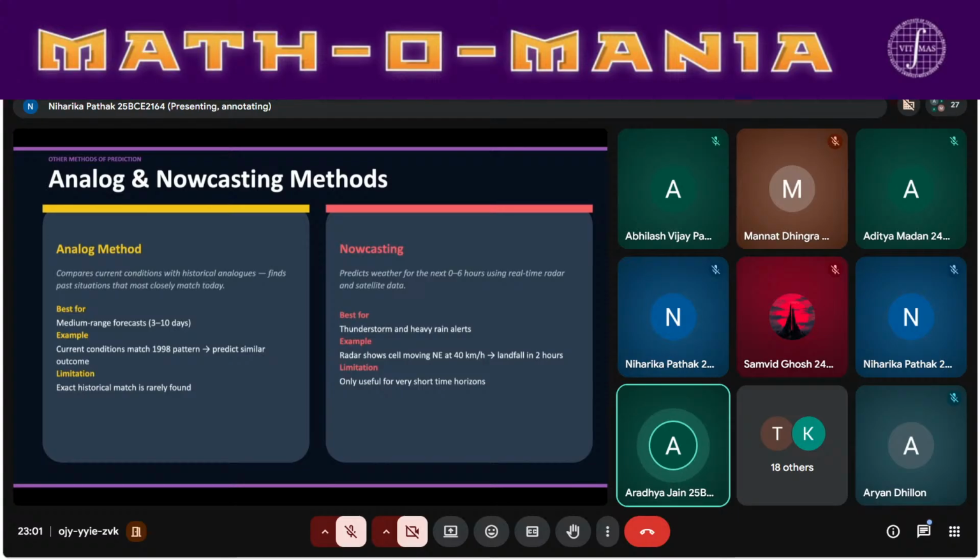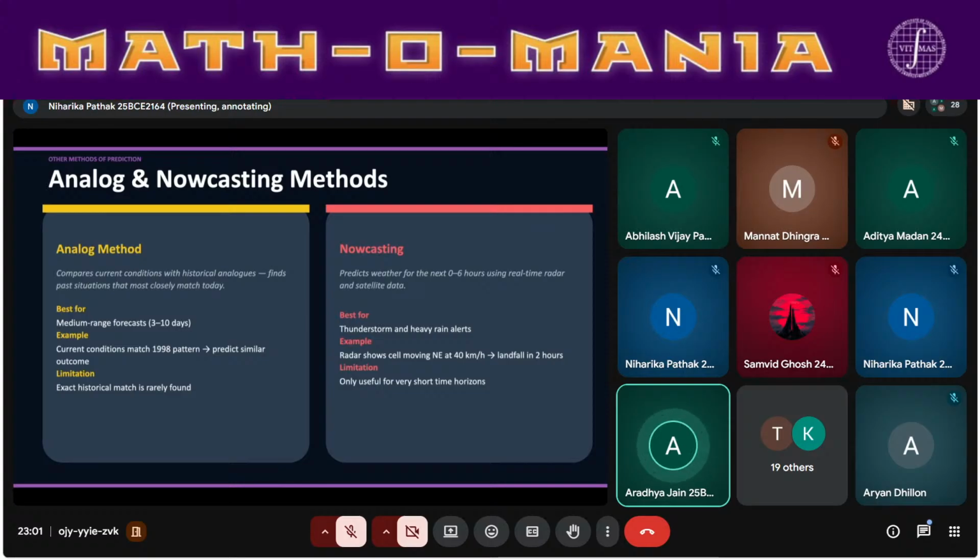Now there is the nowcasting method. This method predicts weather for the next few hours using real-time radar and satellite data which we get. So it's actually really nice for thunderstorm and heavy rain alerts. Like let's imagine there is some thunderstorm going to happen in the next 2 or 3 hours.